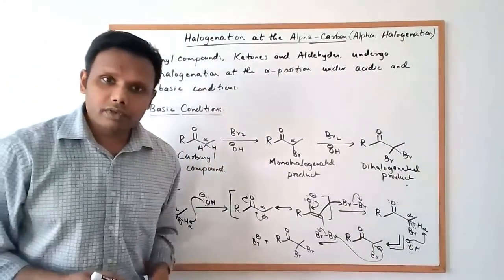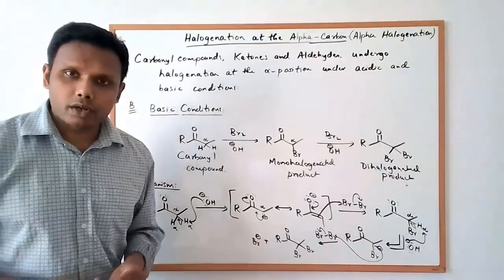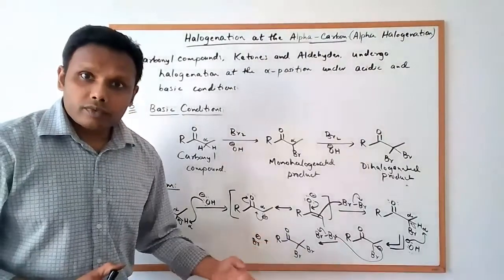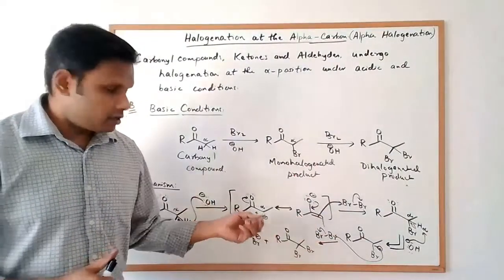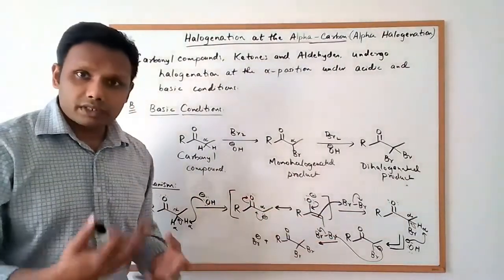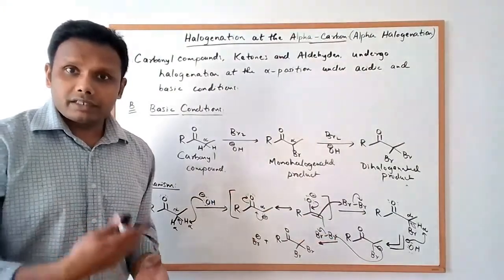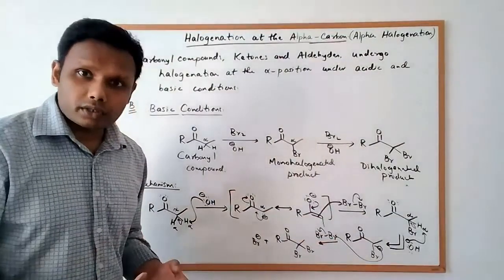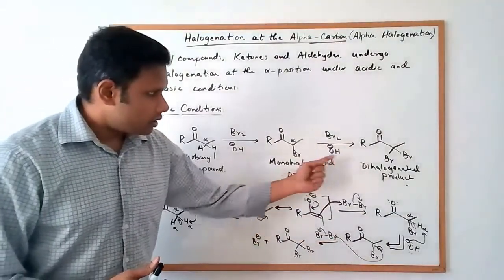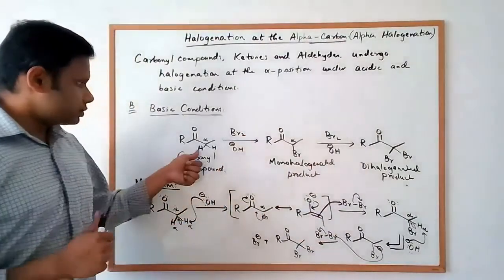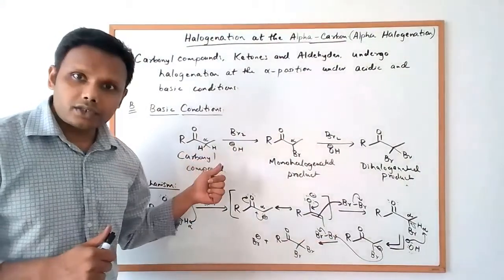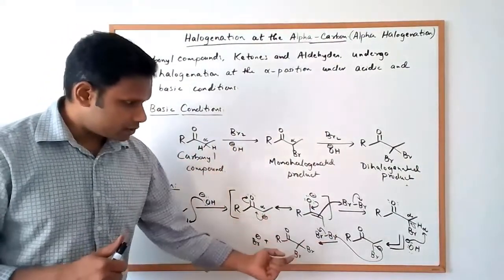Okay, so that's how we get to the dihalogenated product, or that's how we get to the multi-halogenated product. We're going to look at a more specific example here where multi-halogenation is possible, but that gives us a very different product mixture. Okay, but the halogenation basically keeps occurring till you have used up all of your alpha hydrogens. All of them are used up here.